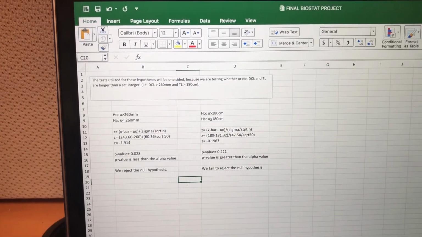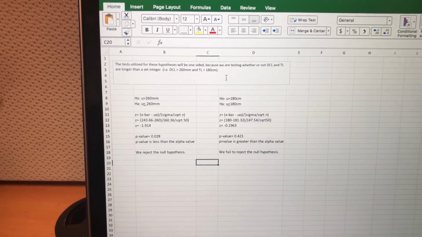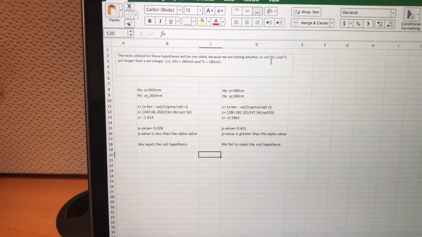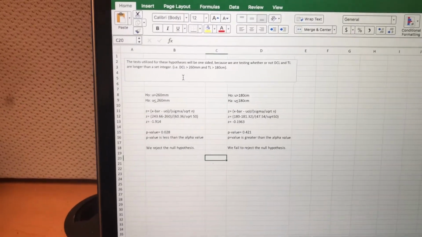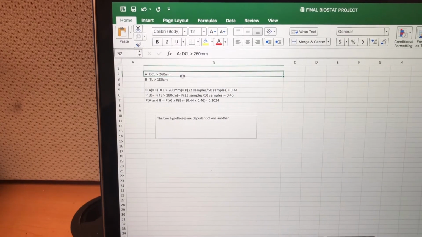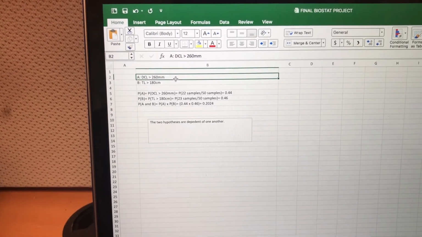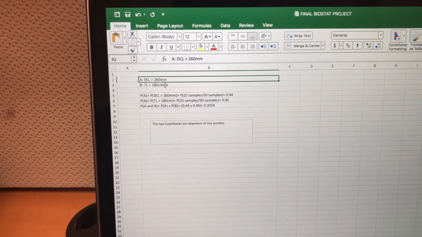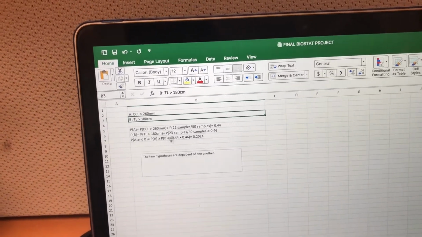So the test utilized for these hypotheses will be one-sided because we're testing whether or not dorsal cranial length and total length are longer than a set integer. And I say that because hypothesis A is dorsal cranial length is greater than 260 mm, and hypothesis B says that the total length is greater than 180 cm.